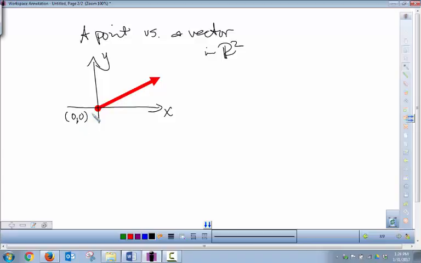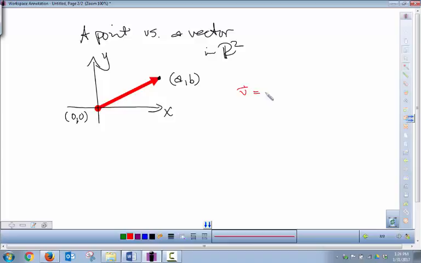And now the head is going to be pointing at some point in R2, right? So let's call it AB. It could be 5, 3 or whatever. So it's just some point AB, where A and B are real numbers. So it turns out that we can write V as a vector.